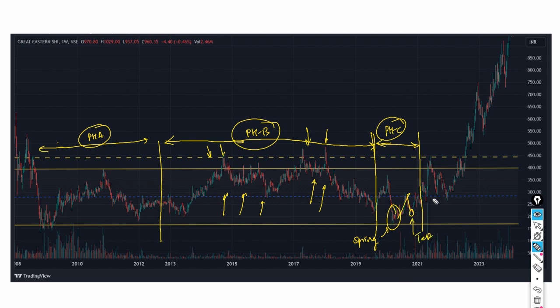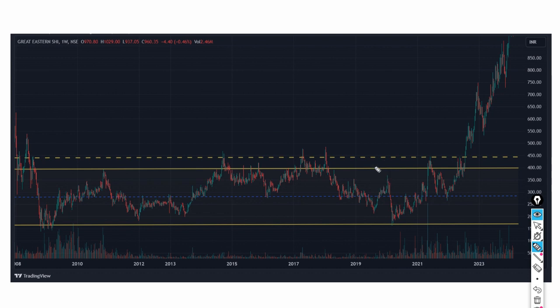Now let's just focus on phase C. After phase B, the stock is aggressively going to move.